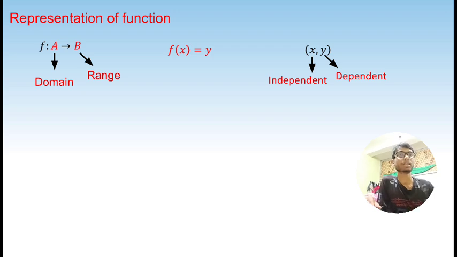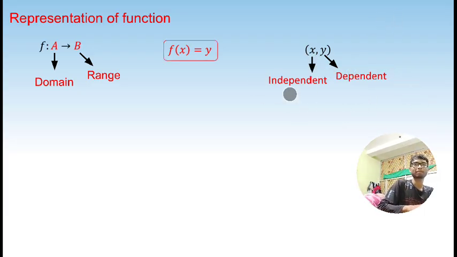Remember, x will be the input, so x is independent. y gets the output from the input. So that's why we are saying x is independent and y is dependent.